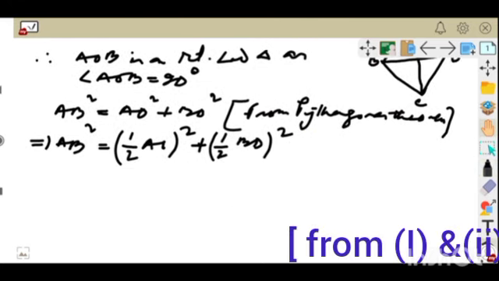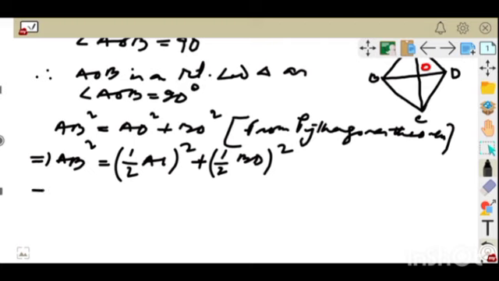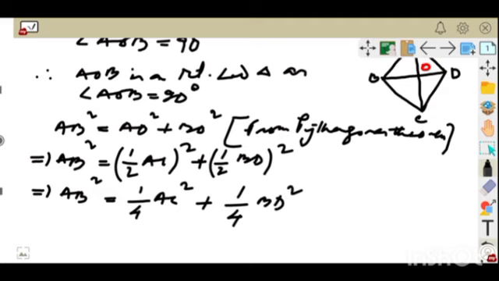Now implies AB square equal to 1 by 2 AC whole square, that means you can write 1 by 4 AC square, plus here also you'll get 1 by 4 of BD square.